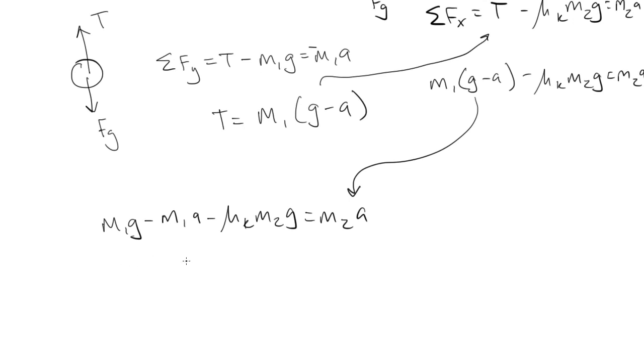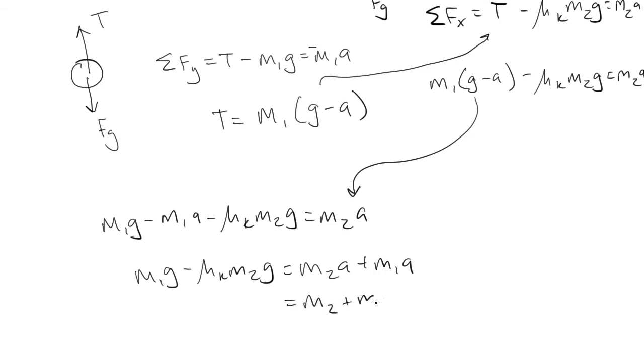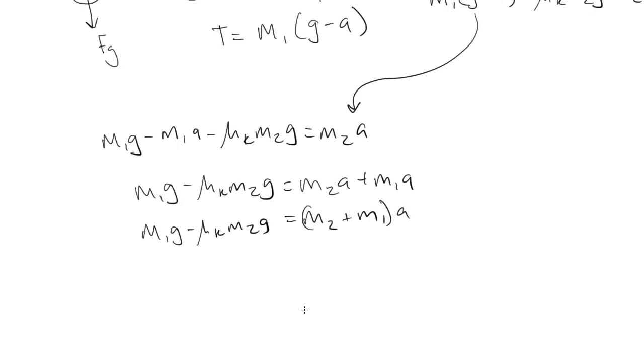Now if I solve for A, I need to get the A's on the right side, so I'm going to do M1 times G minus mu sub K times M2 times G is equal to M2 times A plus M1 times A. This is actually (M2 plus M1) quantity times A. So my acceleration then is just A is equal to mass 1 times gravity minus mu sub K times M2 times gravity, divided by the total mass, M2 plus M1.